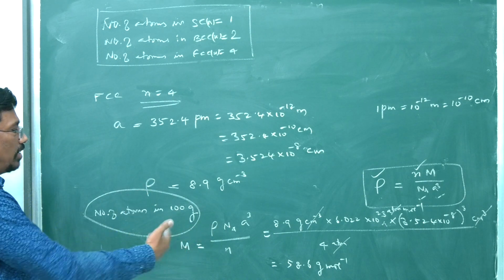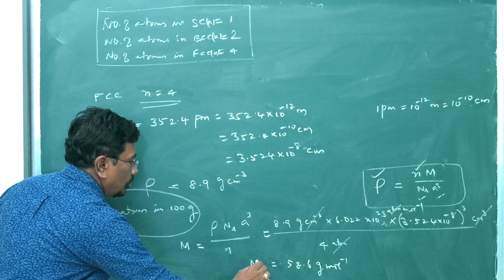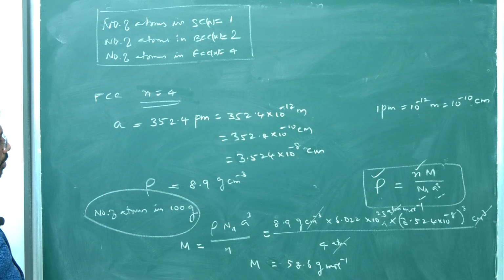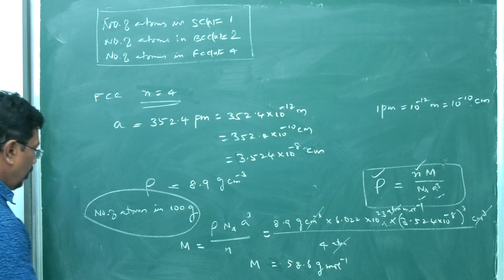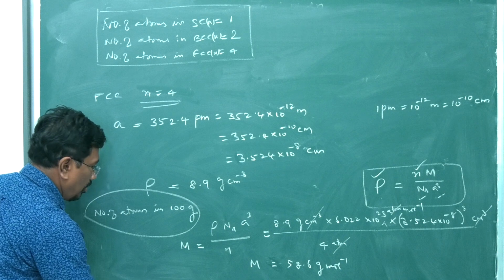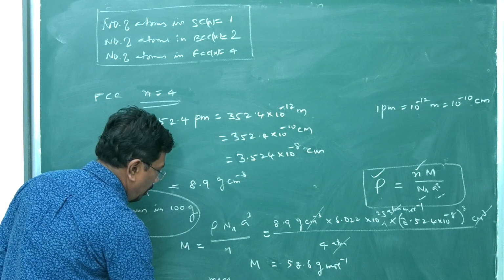For these many moles, we are going to calculate how many atoms. That's what we are going to do. How? Molar mass this much, mass this much. Number of moles is equal to mass by molar mass. So number of atoms is equal to given mass divided by molar mass, times Avogadro number.